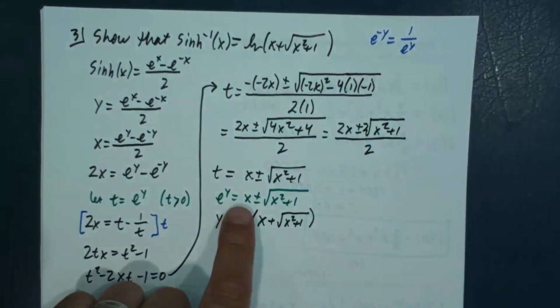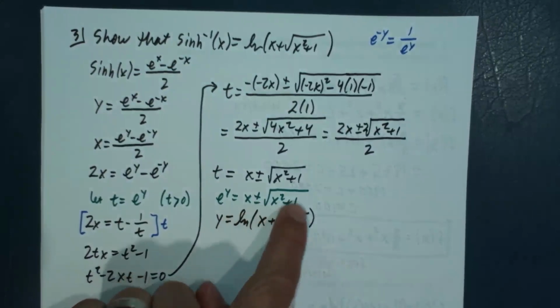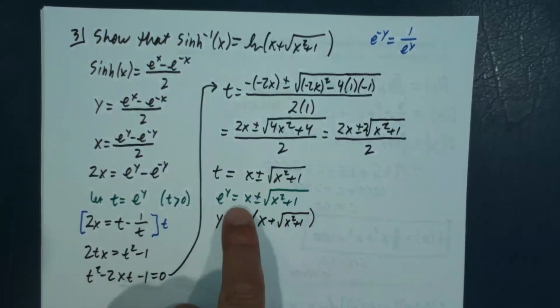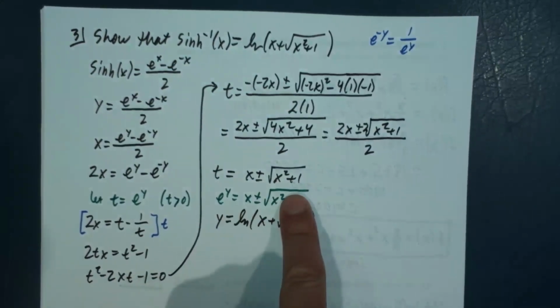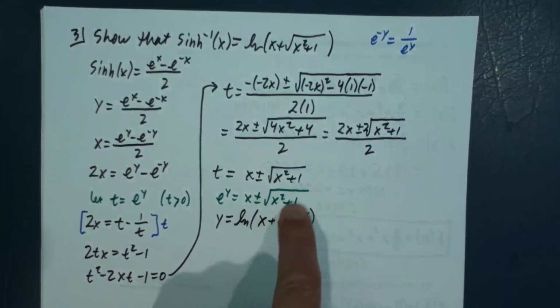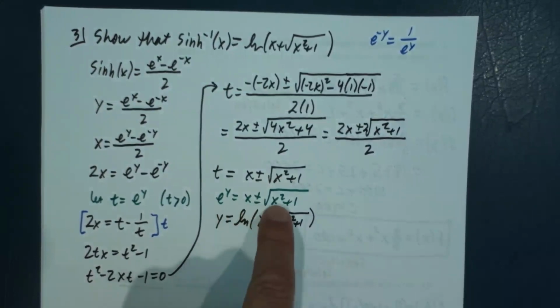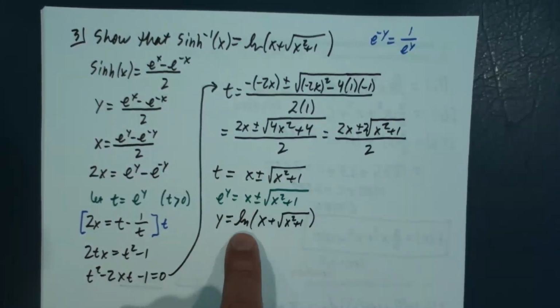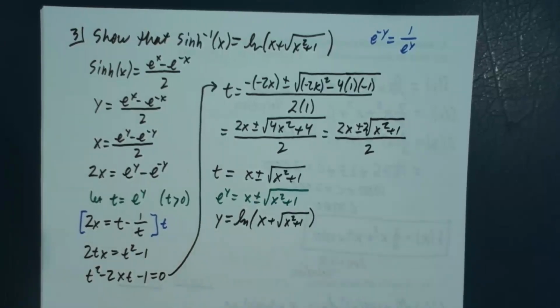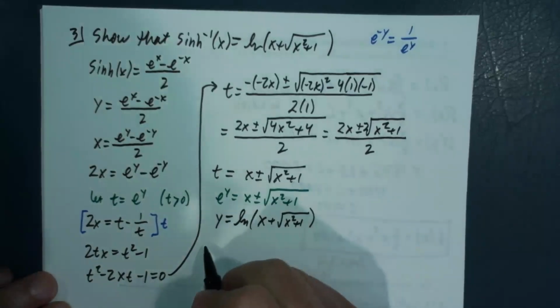And when I say that, if I have x minus this, notice the square root is going to be just slightly bigger than x, since it's exactly x squared but I'm adding 1 to it. So if I do x minus something bigger, I'm going to get a negative in the natural log, and we can't have that. So that's why it's only plus. We can justify that. And please note that y in this case is our inverse sine.